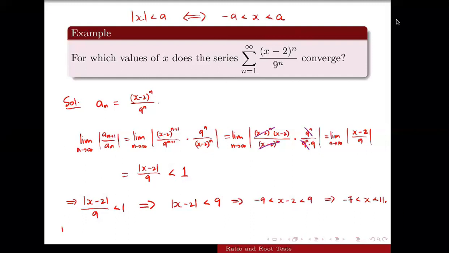So if x is inside the interval (negative 7, 11), then the series sum of (x minus 2)^n over 9^n from n equals 1 up to plus infinity is absolutely convergent and hence convergent.